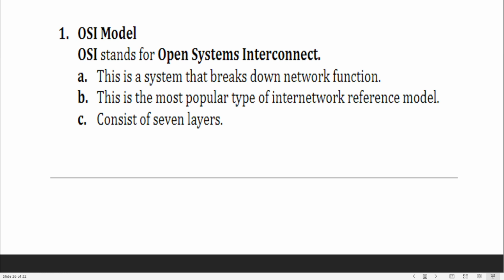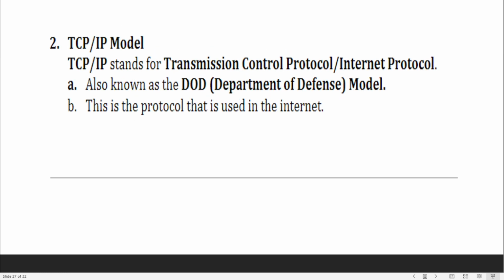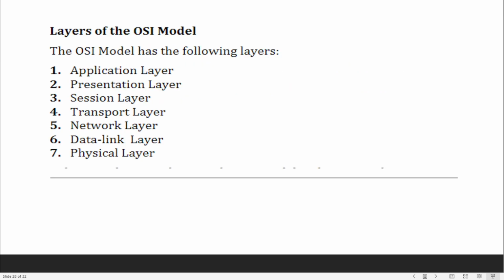While TCP/IP, which stands for Transmission Control Protocol/Internet Protocol, has only 4 layers. This is also known as the DoD, or Department of Defense model, and this is the protocol that is used in the internet. So right now, let's go ahead and go to the OSI model.